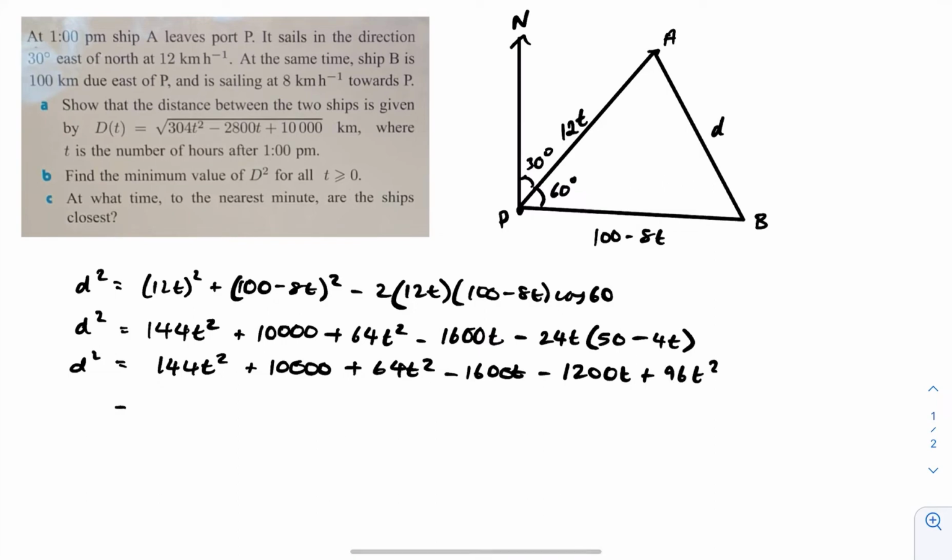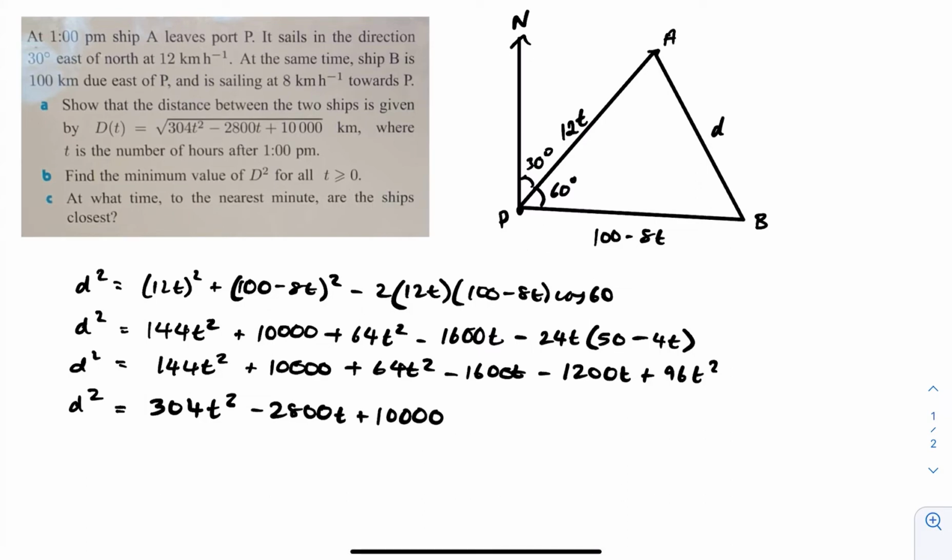And now let's group like terms. So d squared is equal to 144 plus 64 plus 96, which is equal to 304. So we got 304t squared. Then minus 1,600 minus 1,200 is negative 2,800, so negative 2,800t. And then plus 10,000.